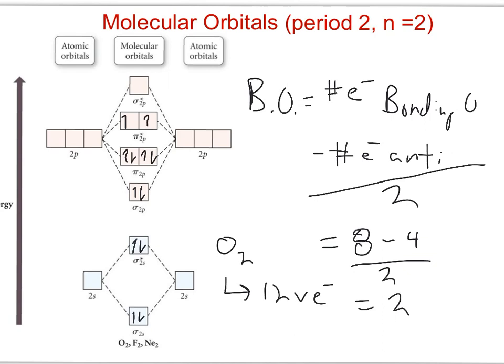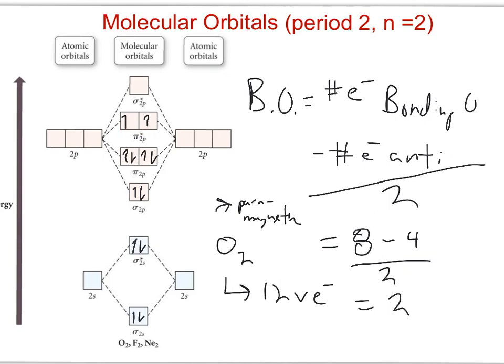Also, you see that there are 2 unpaired electrons here, and molecular oxygen is paramagnetic. If you pour liquid oxygen through a magnet, it is attracted by the magnetic field. Valence bond theory doesn't have a way to explain this, but molecular orbital theory does.